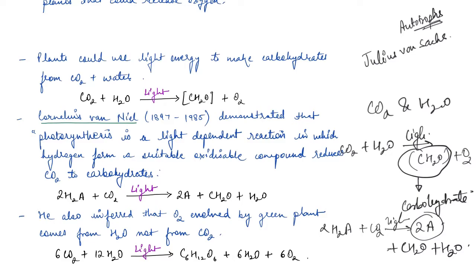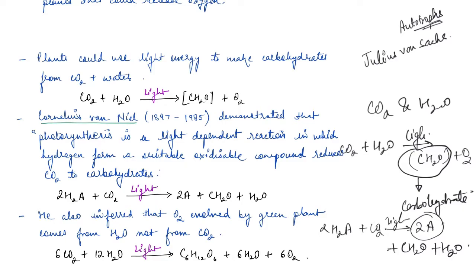Here, there is no oxygen. The oxidation product is sulfur or sulfate, not oxygen. Now, what he inferred was that oxygen evolved by green plants comes from water and not from carbon dioxide. This was later proved by using different radioisotopic techniques as well.